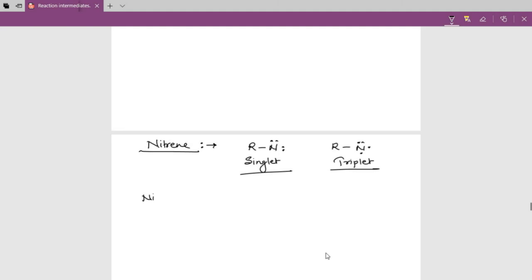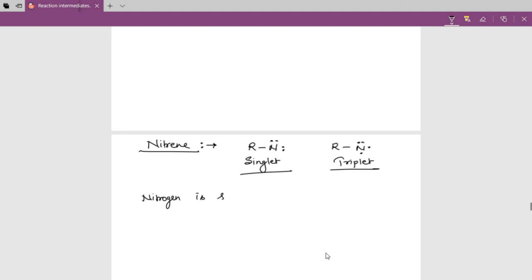After carbene, we move to nitrene. Nitrene is similar to carbene, formed in a similar way, and it also has singlet triplet nomenclature. This nomenclature is basically derived from spectroscopy. This is singlet nitrene, this is triplet nitrene. Here also the definition of the intermediate is similar.